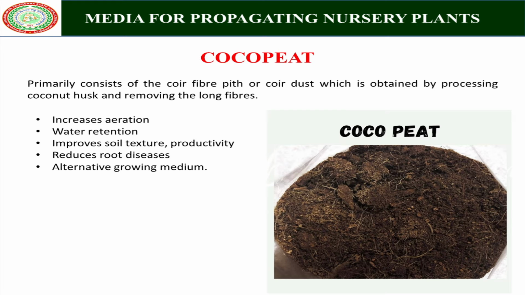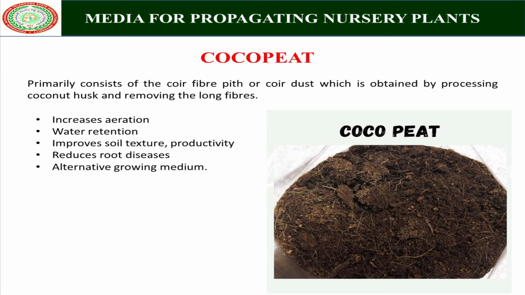This will improve the aeration and good water retention in the soil, and also improves soil texture and productivity. This can be used as a substitute for the growing medium. Like the soil can be substituted by this cocoa peat for complete growth of the plant.